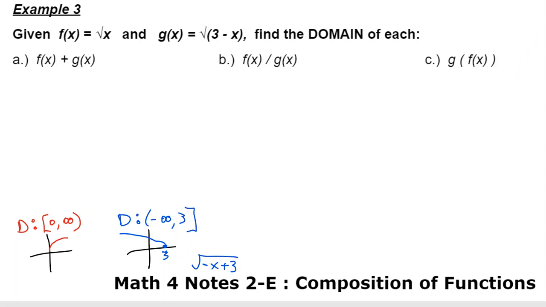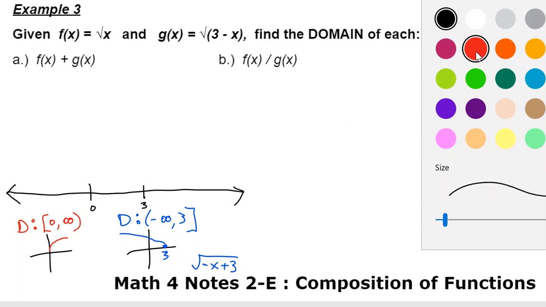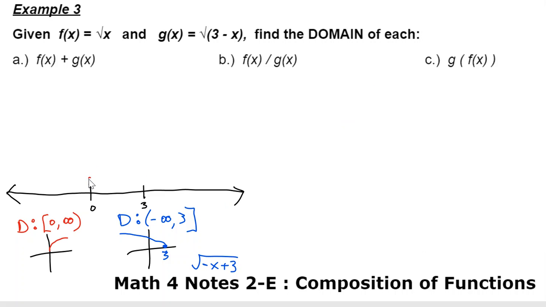Now, sometimes I like to draw out a number line. And I got 0, and I got 3. And what's going to happen here is that the red guy is going to go like that, and the blue guy is going to go like that on the number line.